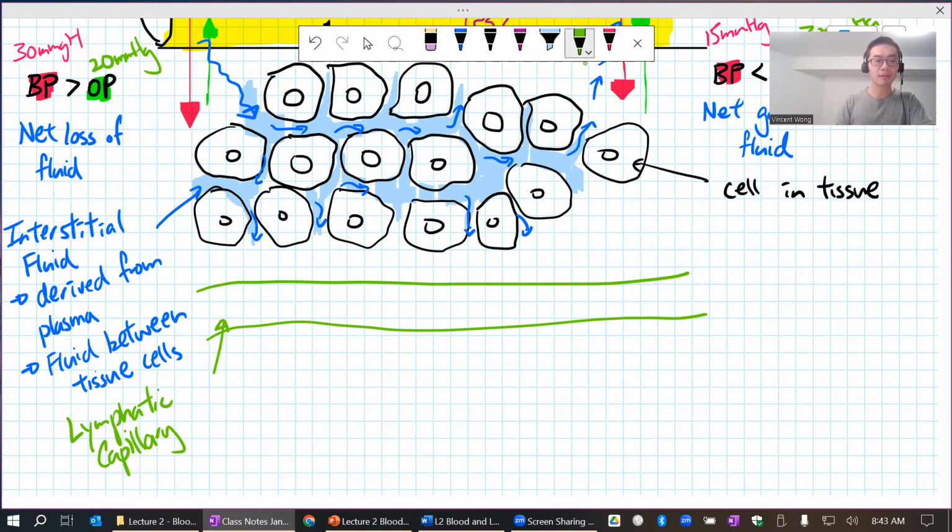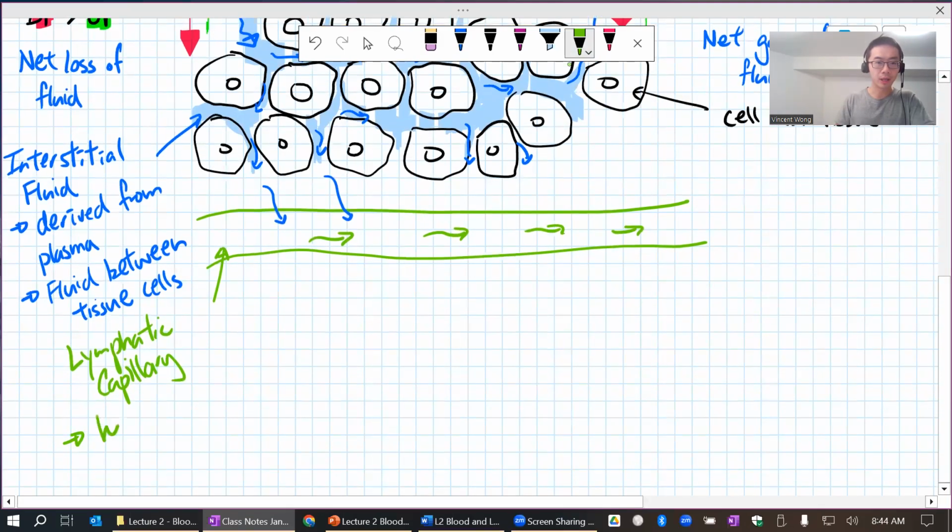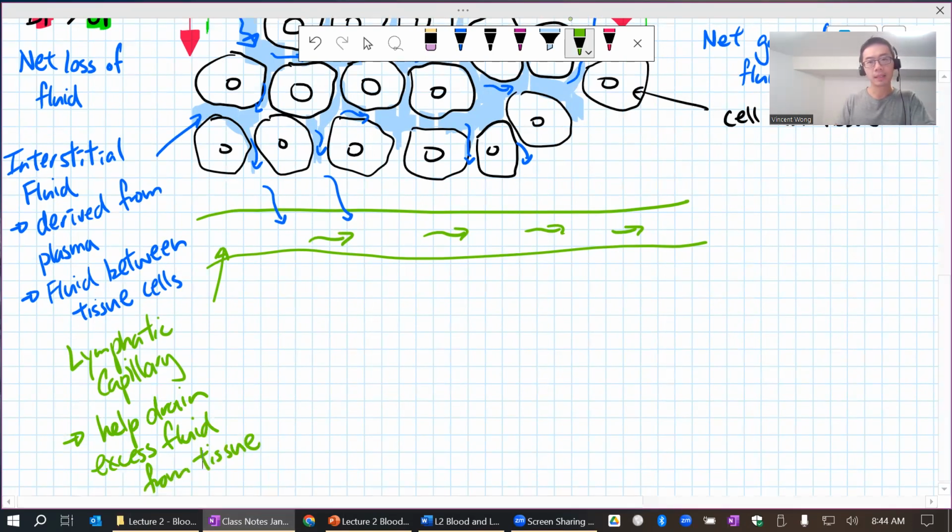The purpose of the lymphatic capillary is to take some of this excess fluid and drain it. So it will help drain excess fluid from tissue.